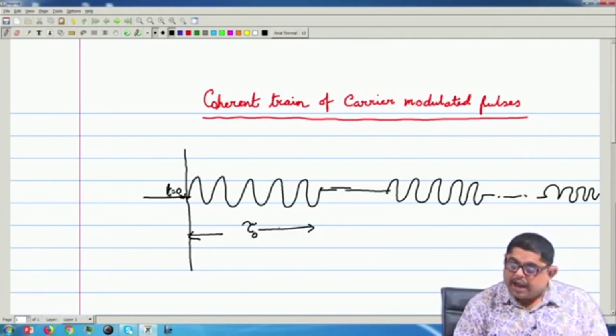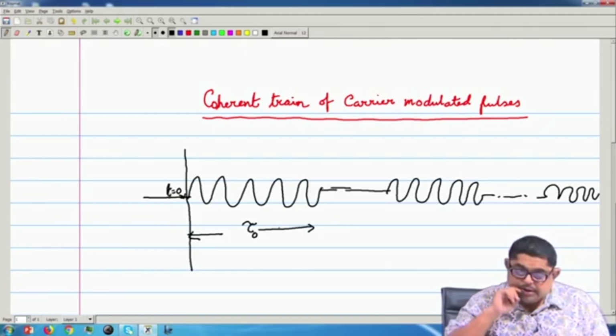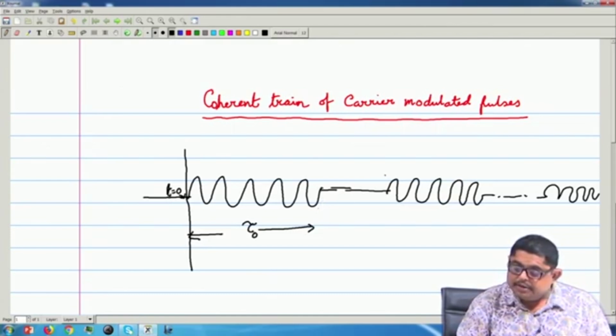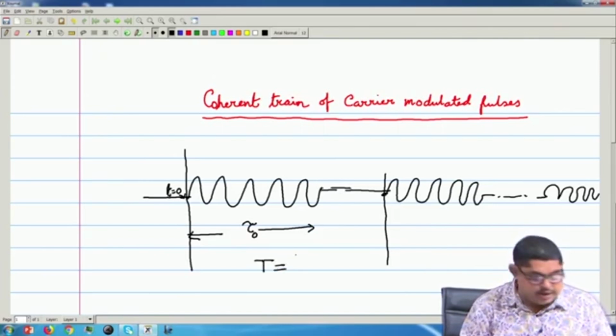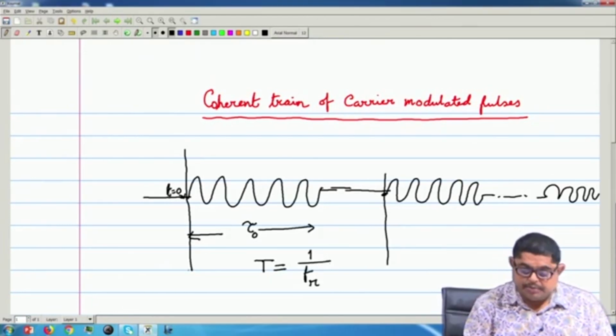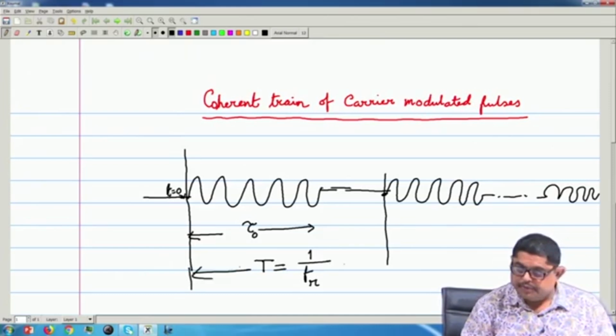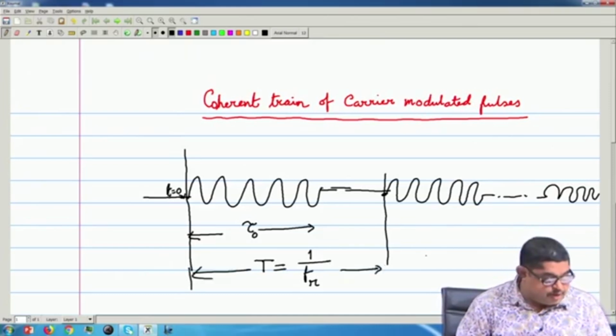envelope. And the time period, let me call that capital T, is nothing but the PRI or the PRF, the usual things for a pulse radar.